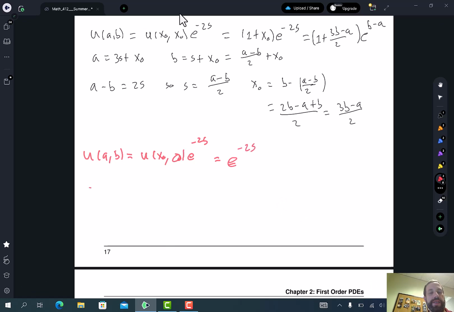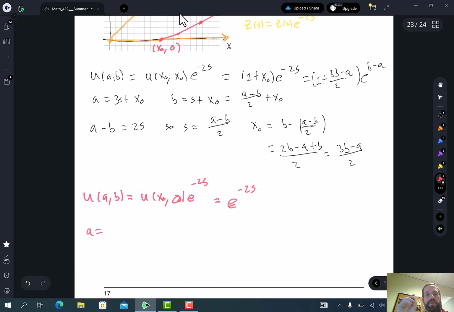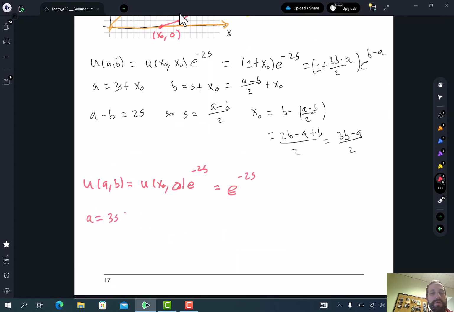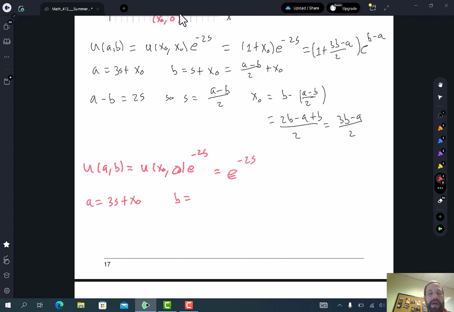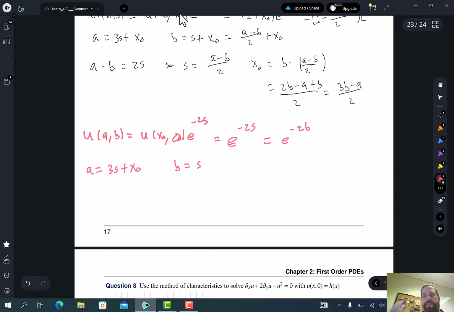And for this equation, I know a is equal to 3s plus x naught, and b is just equal to s plus y naught, which is just s. So in other words, this is equal to e to the minus 2b.